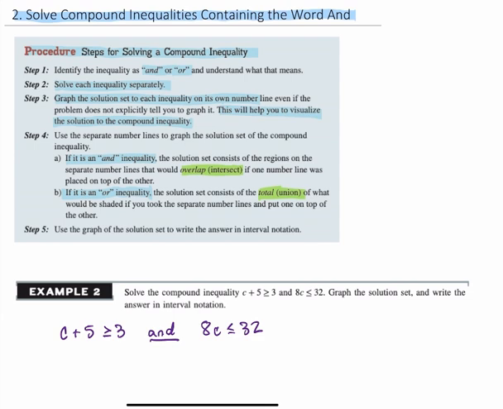So if it's and, you think about where they would overlap. If it's or, you just think about what would be the total amount that would be covered up if we were to combine the two solutions together. And then we use the graph to write the answer in interval notation. So let's go through a few examples. Let's return back to example 2.